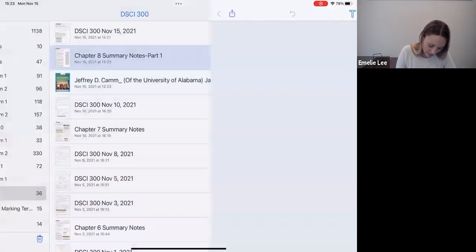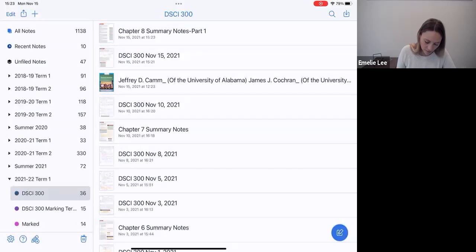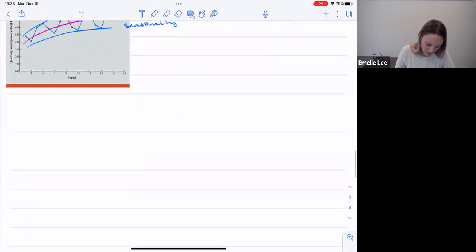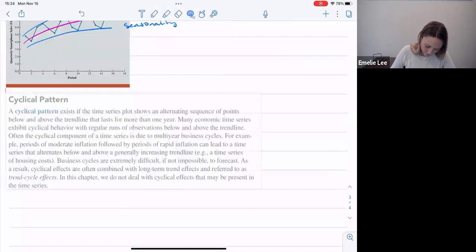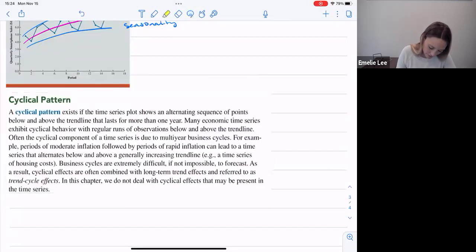So the last pattern that I want to talk about is a cyclical pattern, which is just slightly different. A cyclical pattern is when we see an alternating sequence of points below and above the trend line that lasts for more than one year.